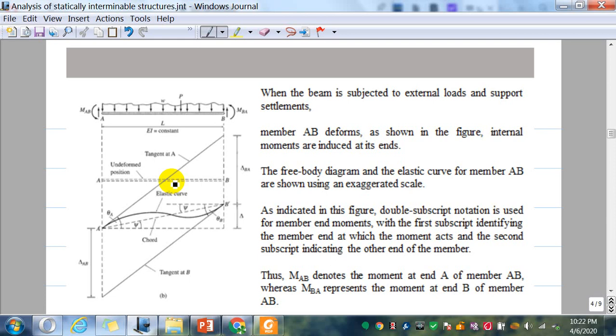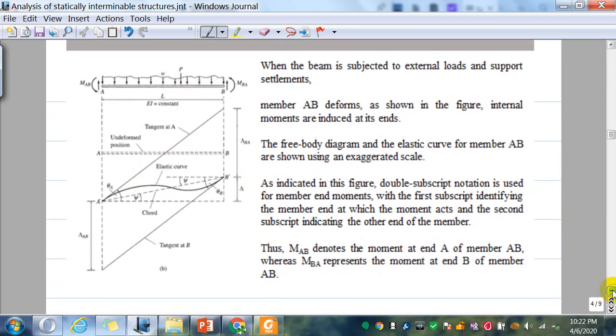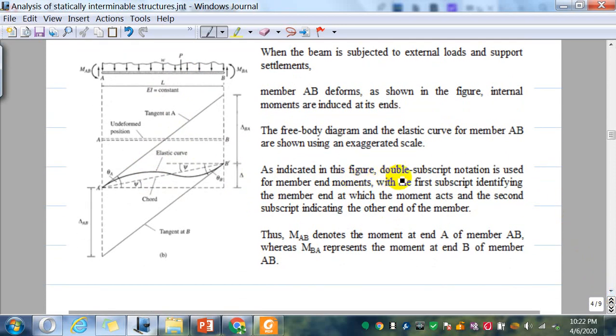So the Hibbeler diagram and the elastic curve of the beam are shown here. Now, as indicated in this figure, there is a double subscript notation: this is delta AB, this is delta BA, and the moments here are MAB and MBA.